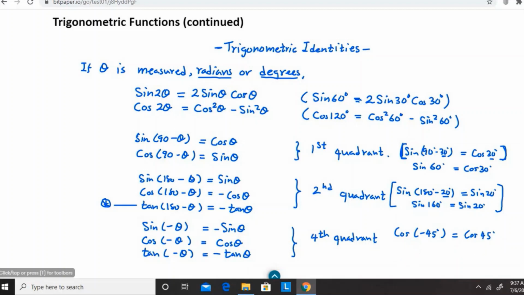Or you can have tangent minus 60 degrees is equal to minus tangent 60 degrees. So again, remember, you can verify this using the calculator, and these are all valid when theta is measured in radians, as well as when it's measured in degrees.